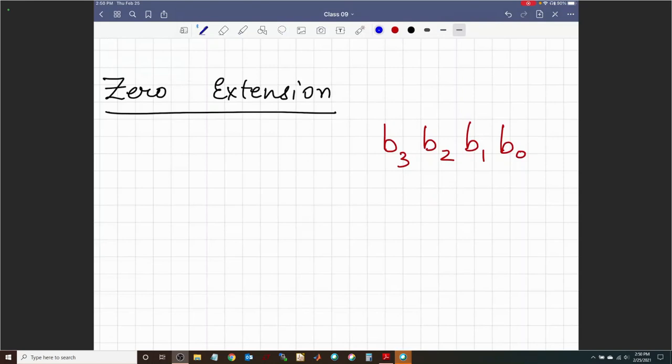The name gives it away. Add zeros to the left. How many? Just add 4 zeros to the left.